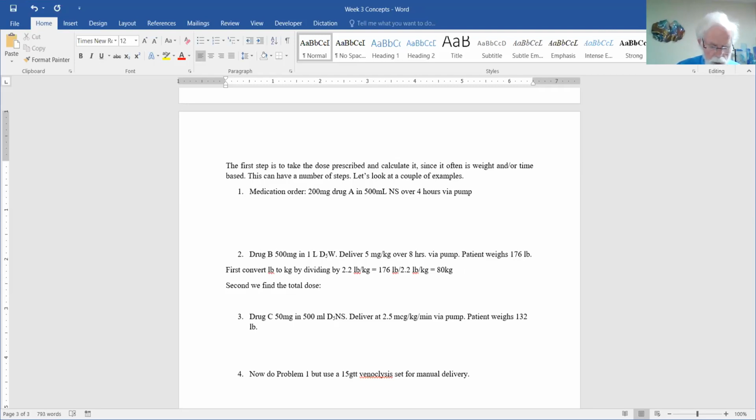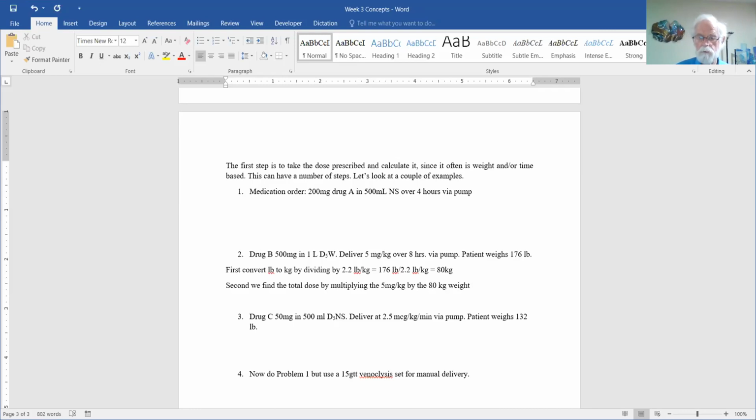We do this by multiplying the prescribed dose, 5 milligrams per kilogram, by the 80 kilogram weight of the patient, because 5 milligrams is the amount that goes into a 1 kilogram patient.